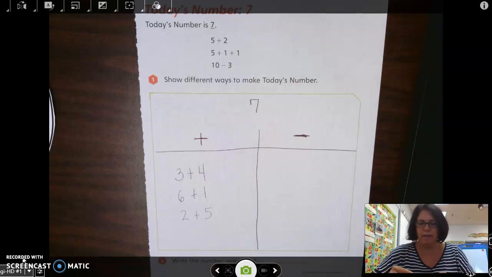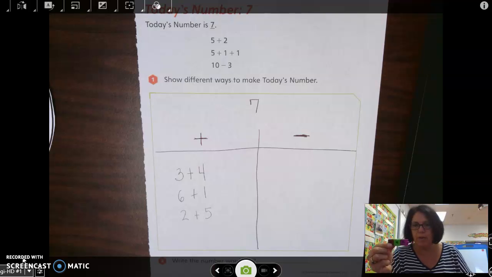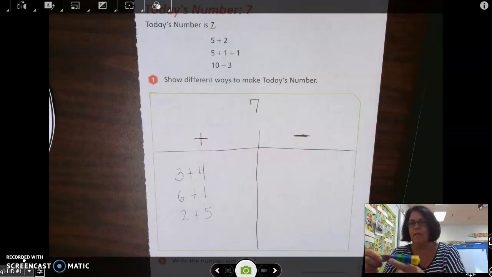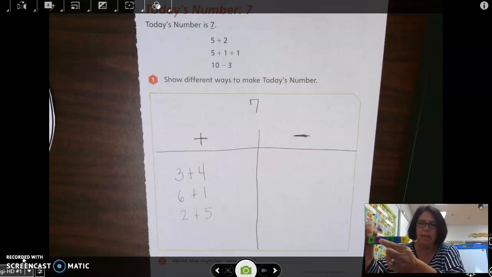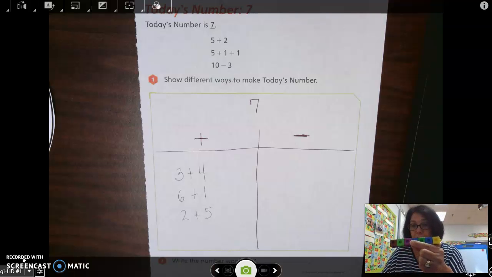So I've got 1, 2, 3 here, and 1, 2, 3, 4 on top. So if I put them together, let's see, do they equal 7? So let's see. 1, 2, 3, 4, 5, 6, and 7. So 3 plus 4 does equal 7.